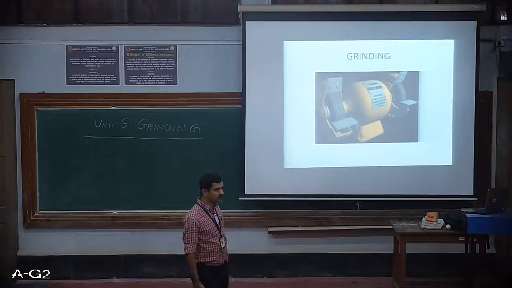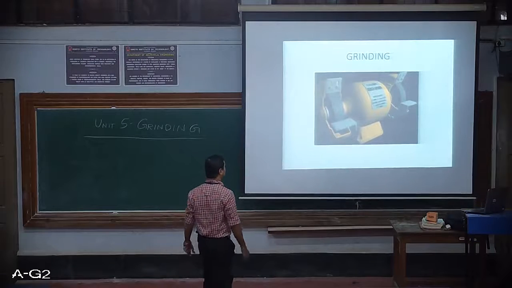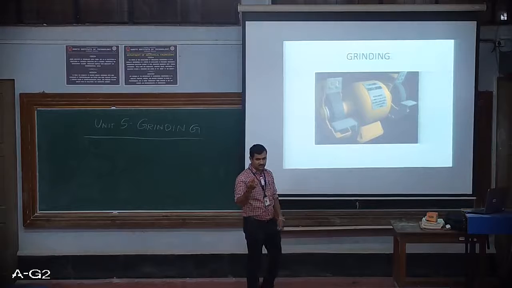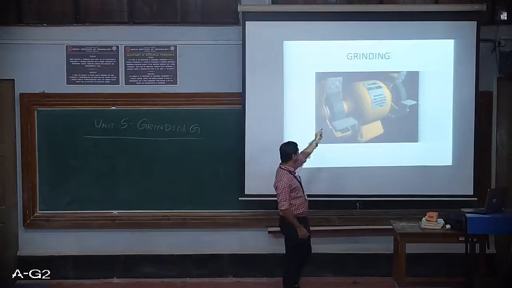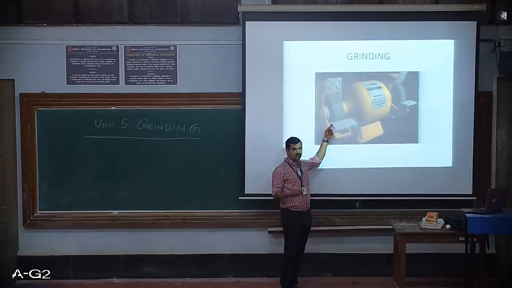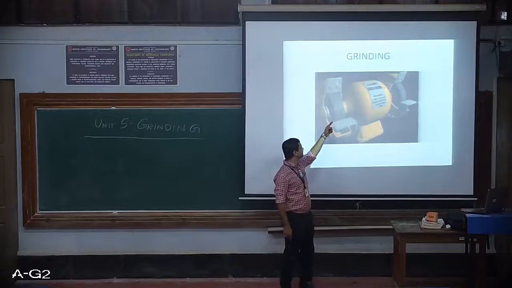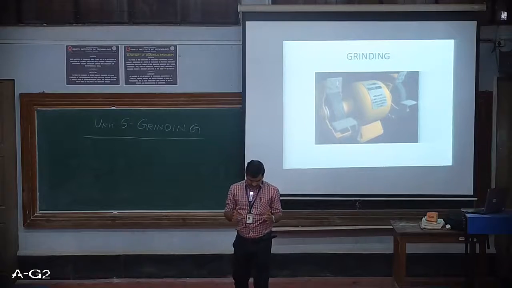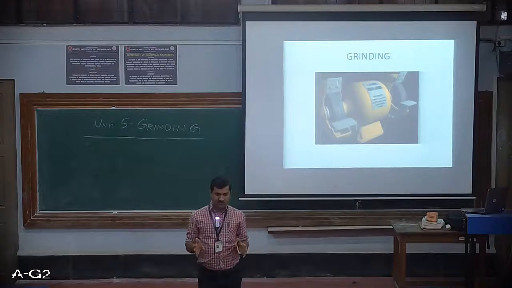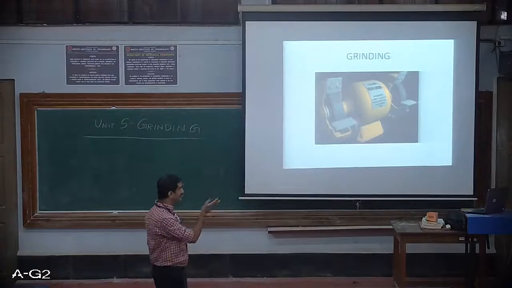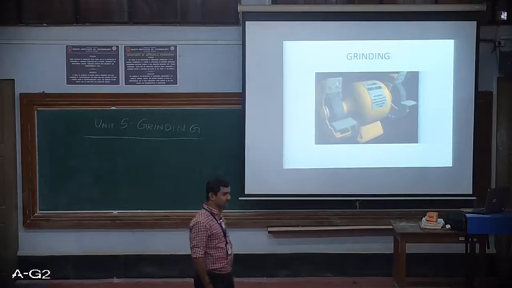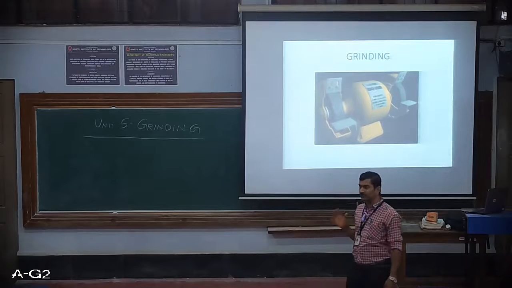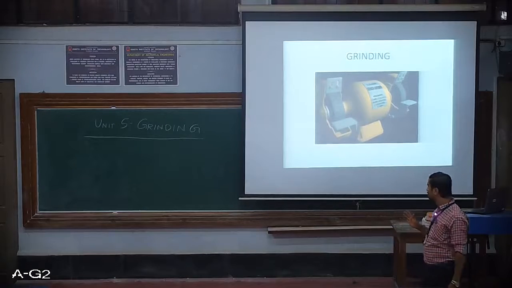For your grinding, the single point cutting tool was held in contact with this rotating wheel. You might have seen that unit wherein you had 2 wheels, one at the left, one at the right. These 2 wheels were rotating continuously at high speed, at a nominal speed.